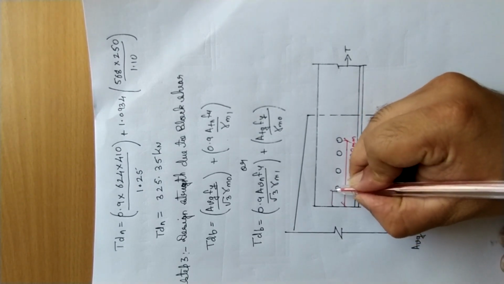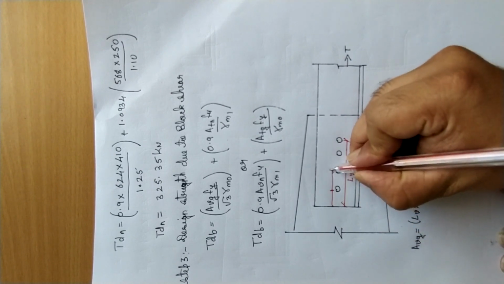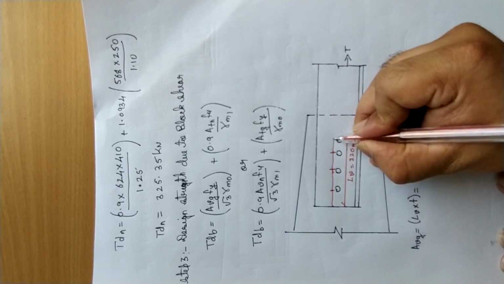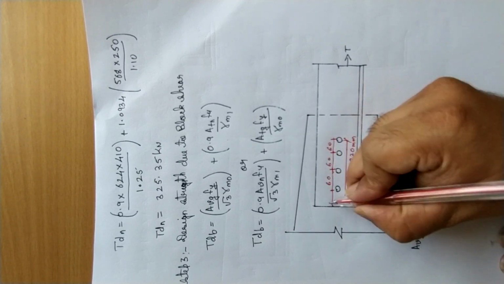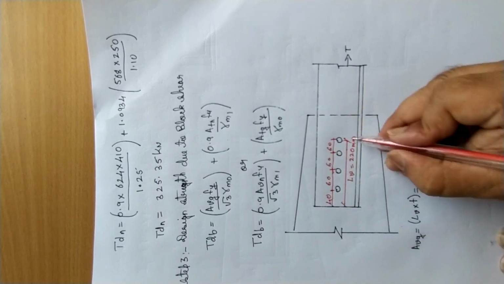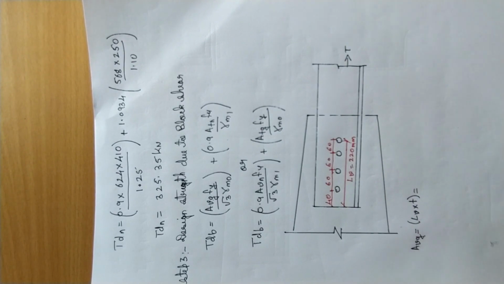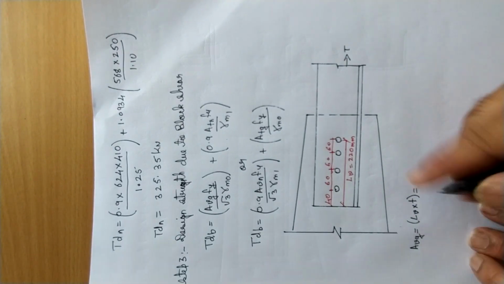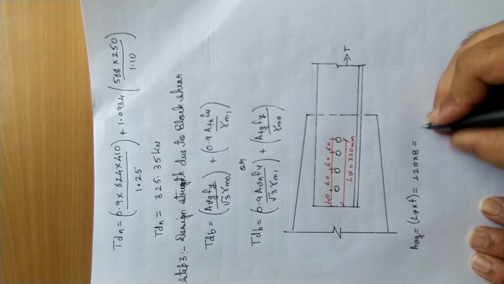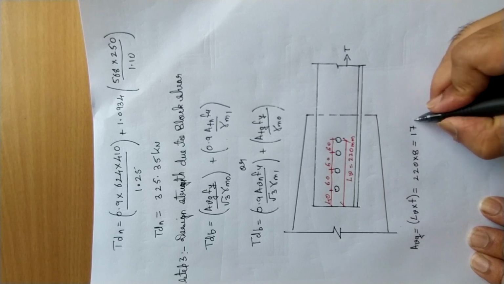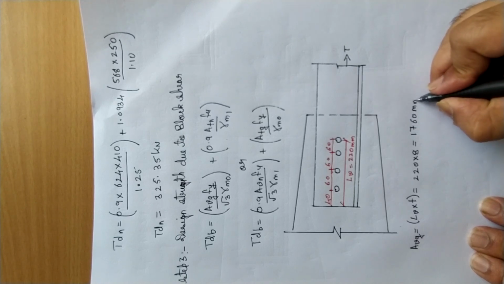I will write the components here also: 60, 60, 60 and 40. So LV is the distance from the edge till the last bolt. LV is 220, and we already know that thickness is 8 mm. So this works out to be 1760 mm square.